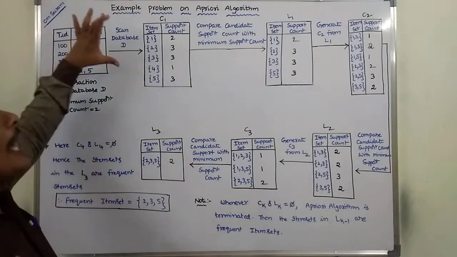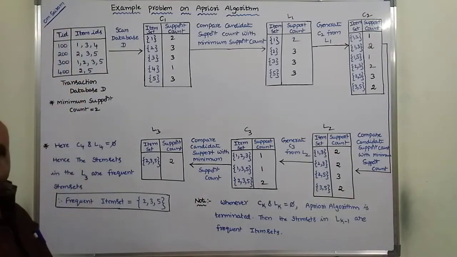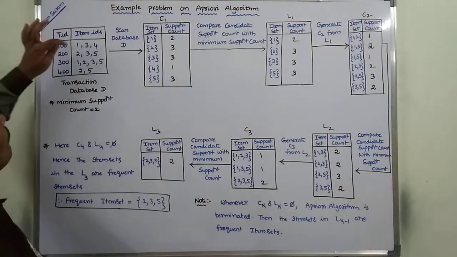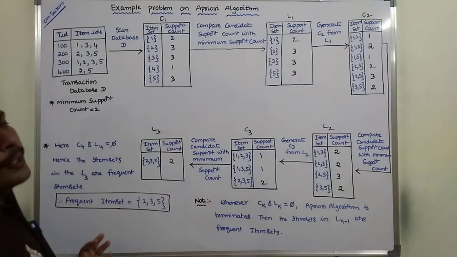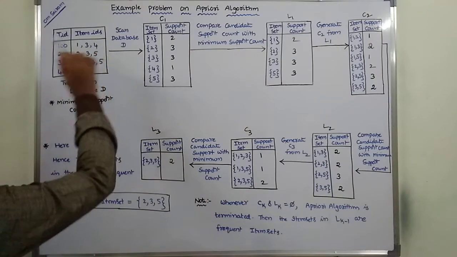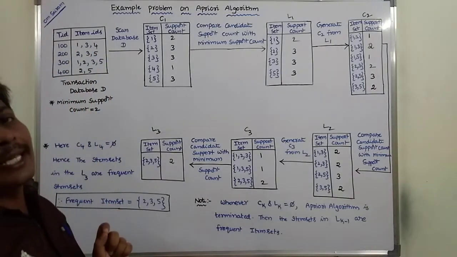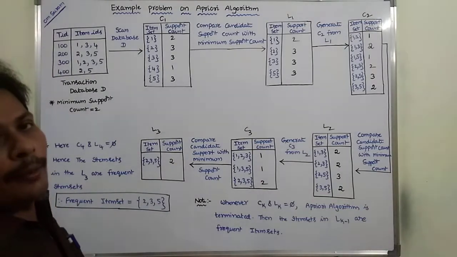First, scan the transaction database for the support count of each and every item. Here there are 5 items: 1, 2, 3, 4, 5. How many times is each item there in the given transactional database?